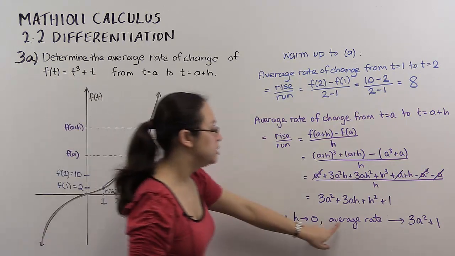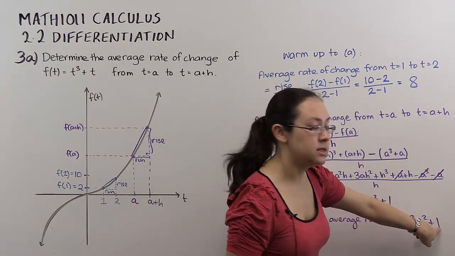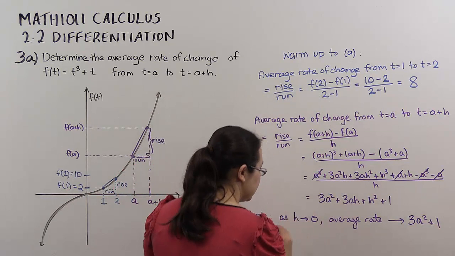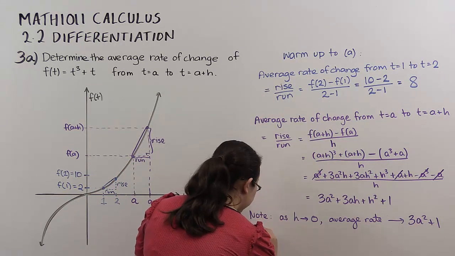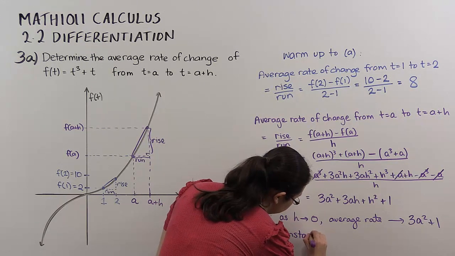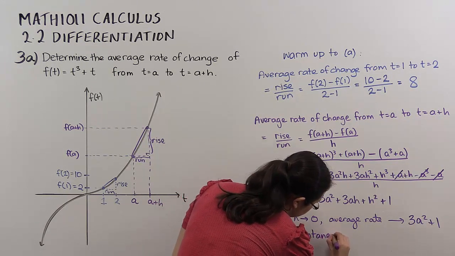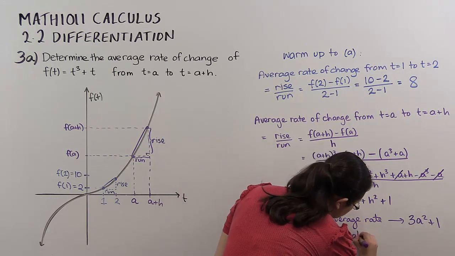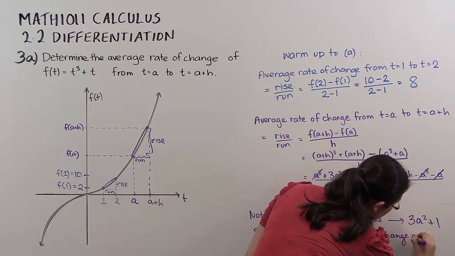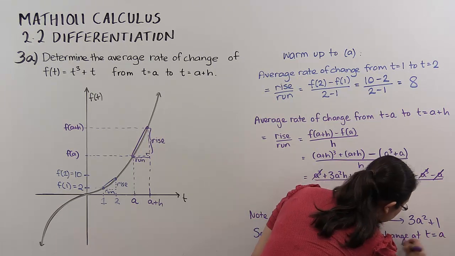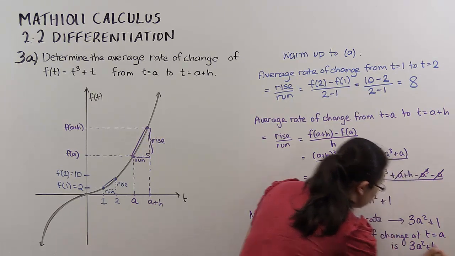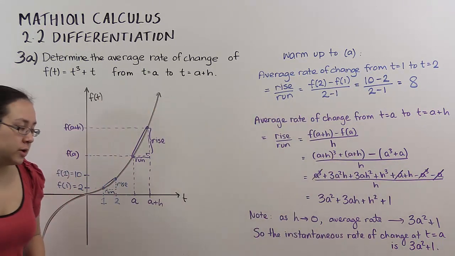And so the average rate of change at a should be 3a squared plus 1. So as h tends to 0, the average rate tends to this. So the instantaneous rate of change at t equals a is 3a squared plus 1, which is what we expect.